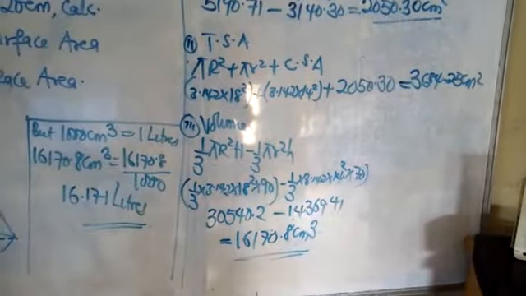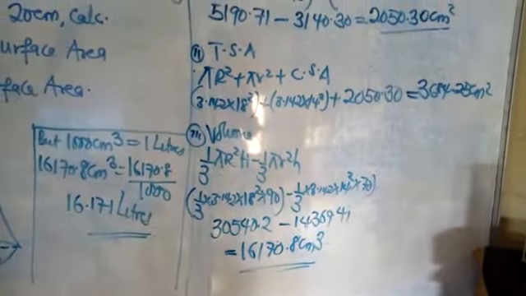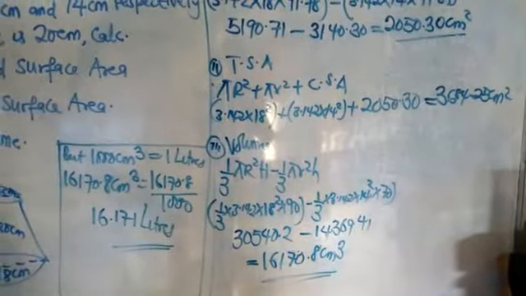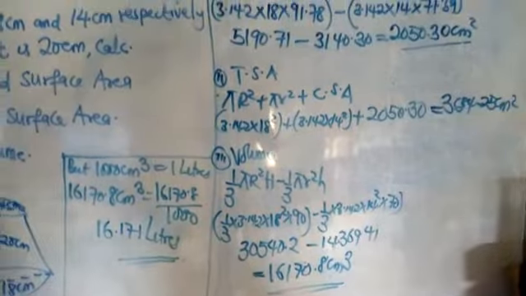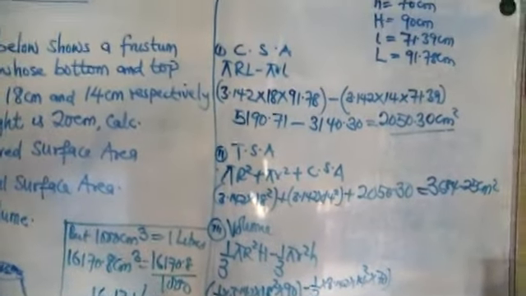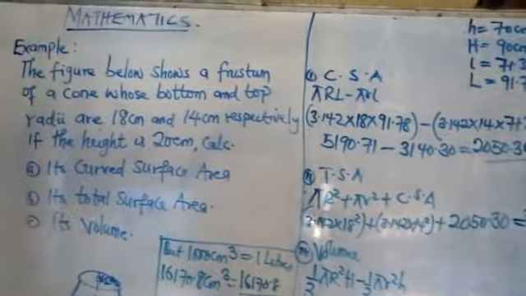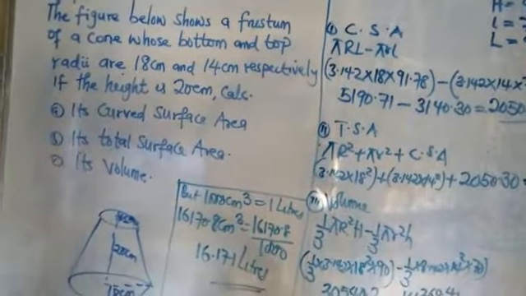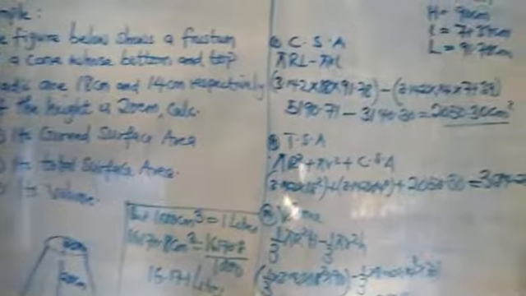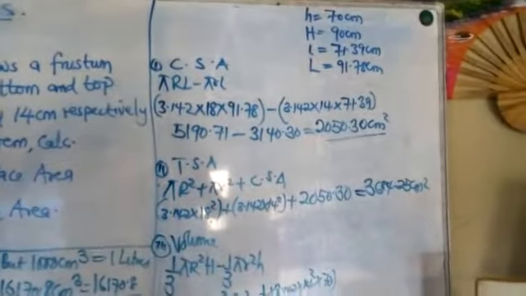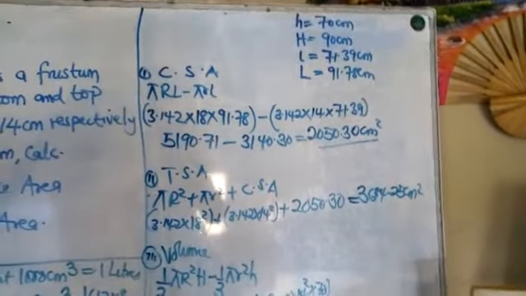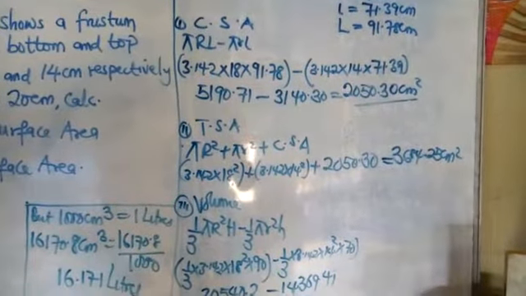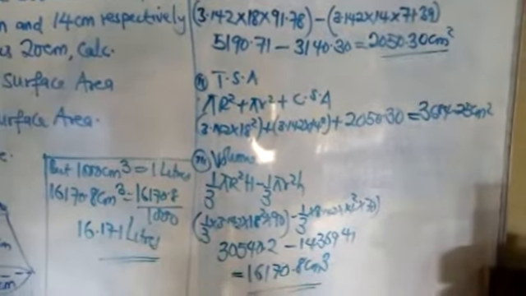Then we converted cube centimeter to liters by dividing through by 1000. So that is all about the application of the formula. This was the question, that is the frustum as given in the question. Those are the parameters we solved from the diagram. Then we solved for the various requirements: the CSA, the TSA, and the volume.